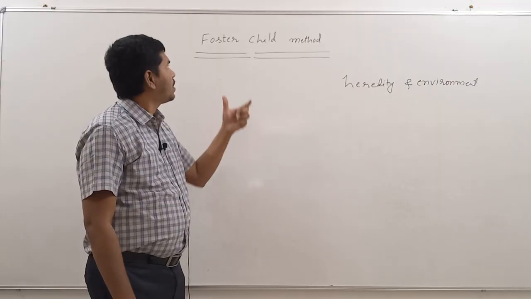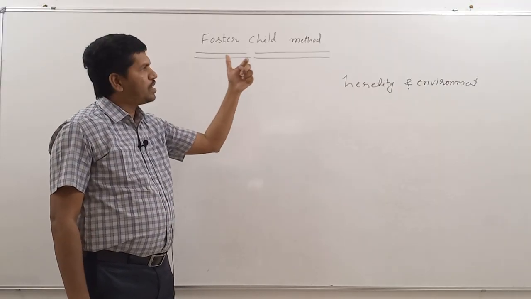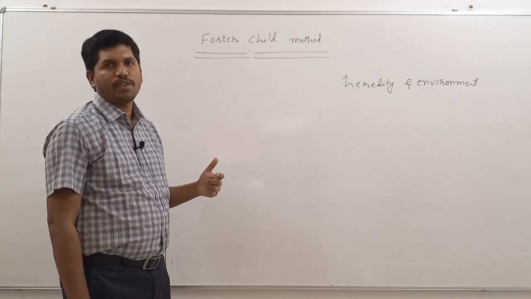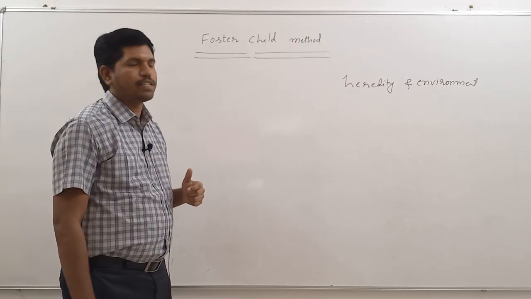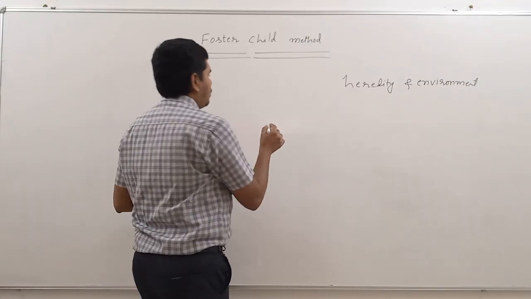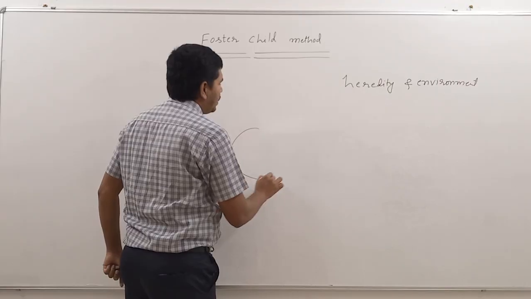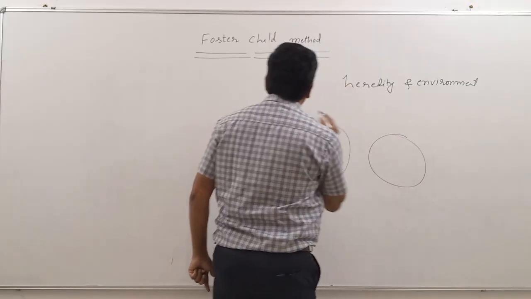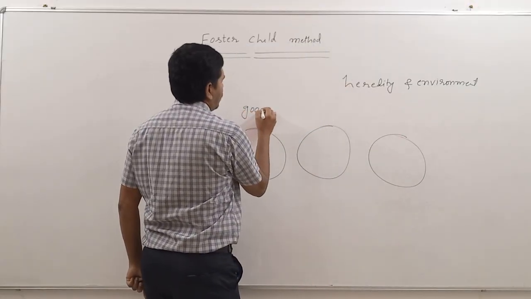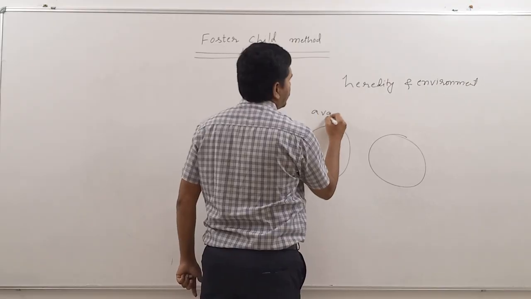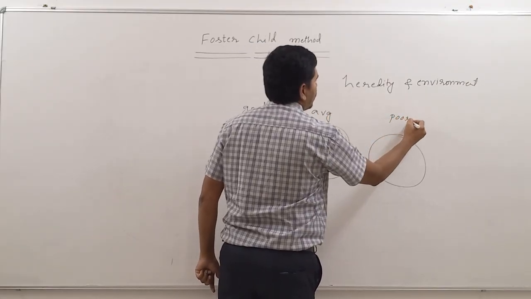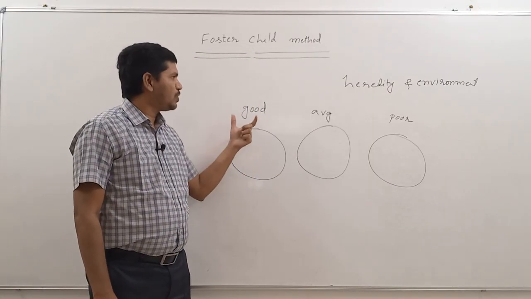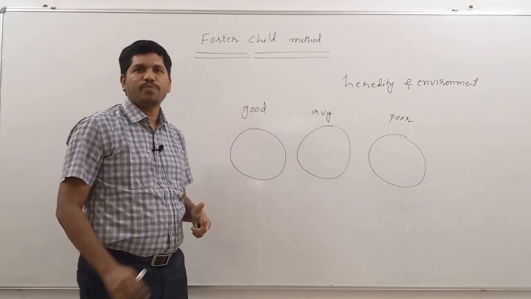Now let us discuss how they separated the respective influence of heredity and environment. What is this method? Let us discuss. Here, our scientists have created three different types of homes classified as good, average, and poor.